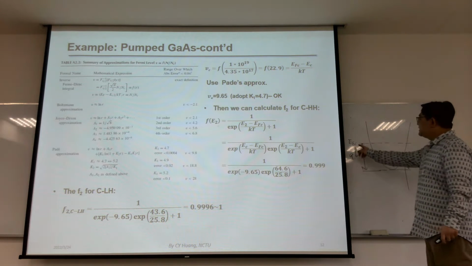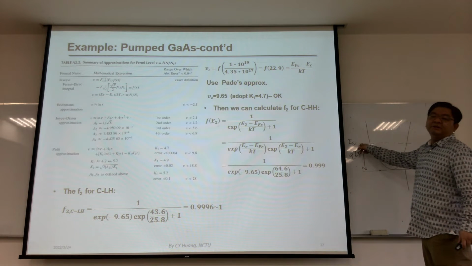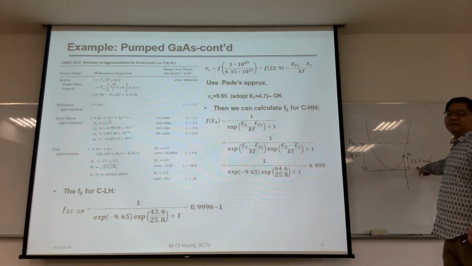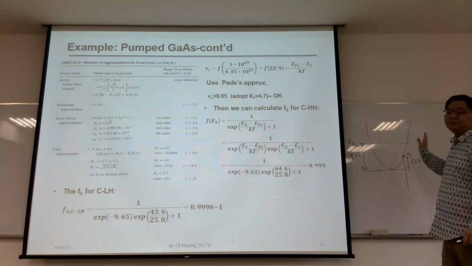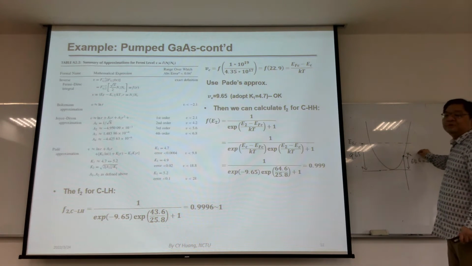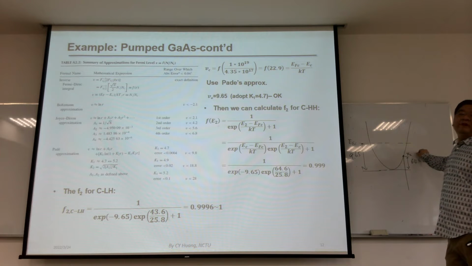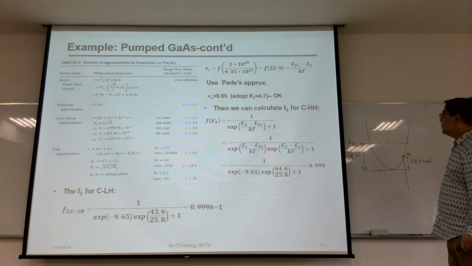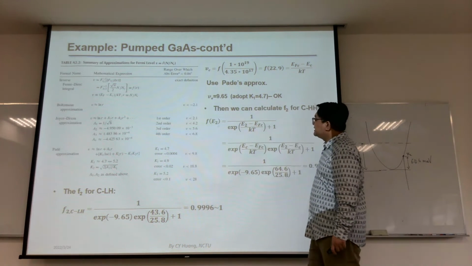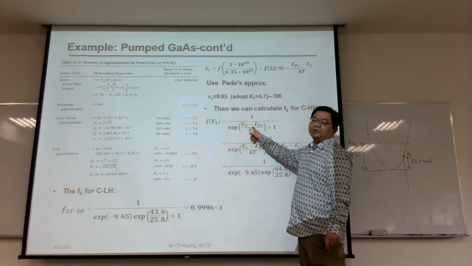This is done by the calculation with the given carrier density. This is done by the vertical transition. Since you need to do the vertical transition, you need to know what the actual position for the 1.5 eV for heavy hole is. Okay. So the F2 is, this is the Fermi-Dirac distribution.